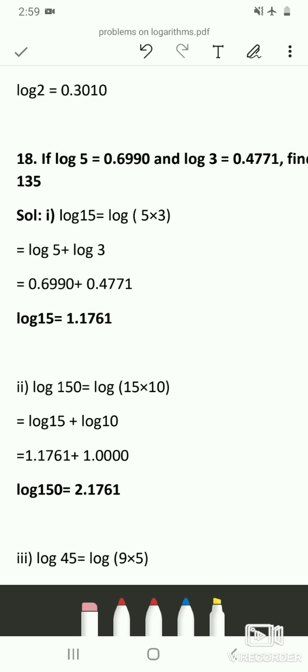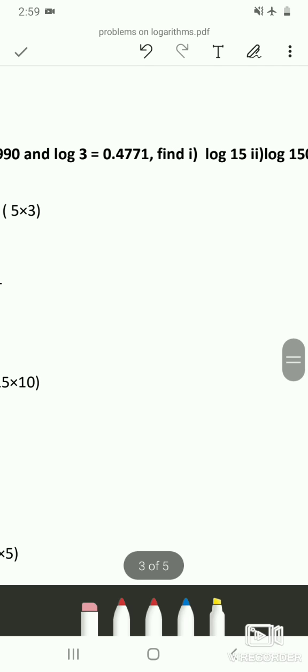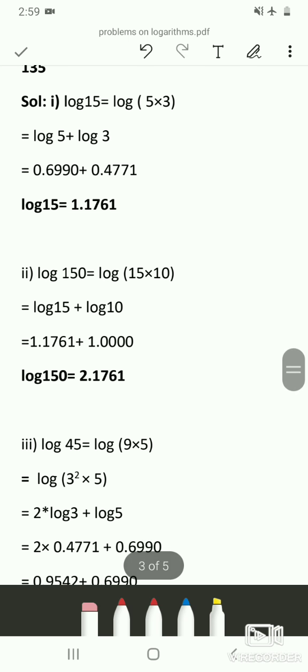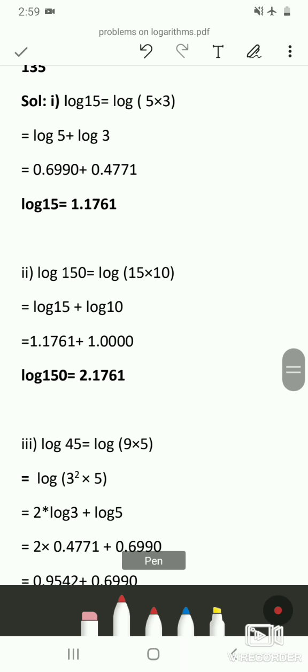So the next sub question to find out is log of 150. So log of 150 can be rewritten as log of 15 into 10, and again using the first law we can write it as log of 15 plus log of 10, and here we have obtained the log 15 value, that is 1.1761, plus we know that log of 10 is 1.